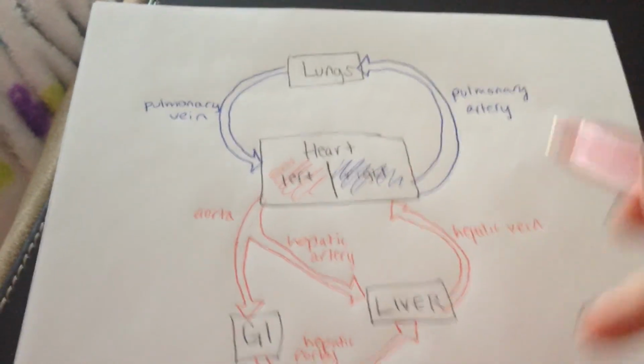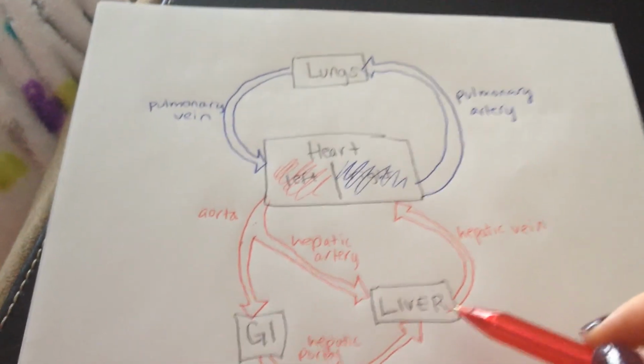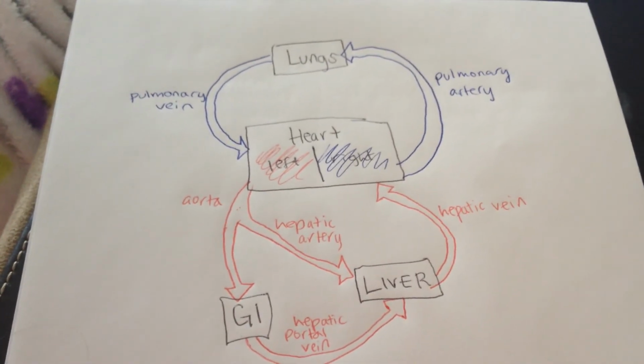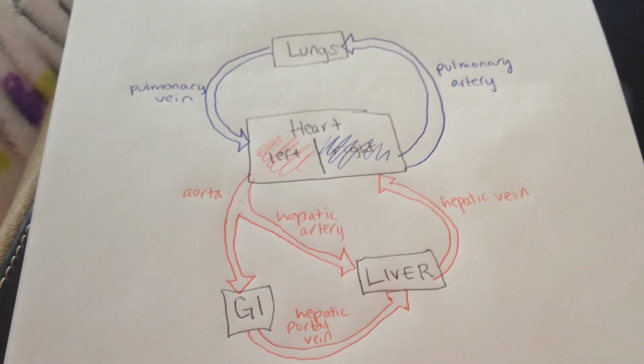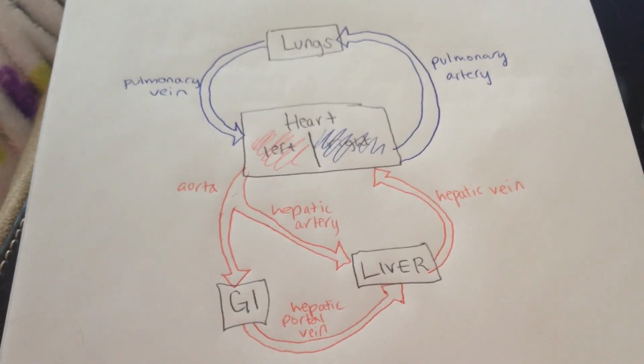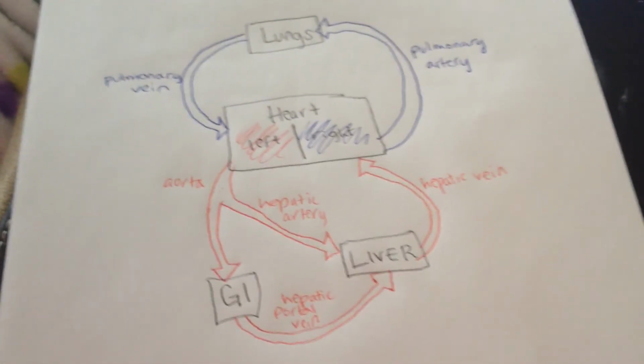And again, hepatic because it has to do with the liver, and vein because remember, things coming into the heart typically come in through veins, things leaving the heart typically leave through arteries. Another way to remember.